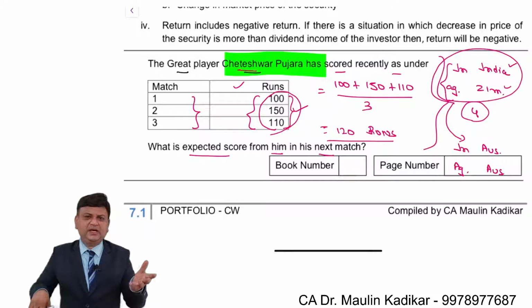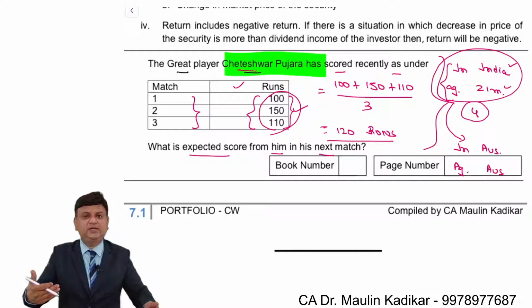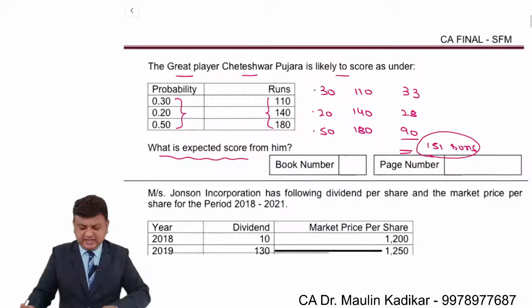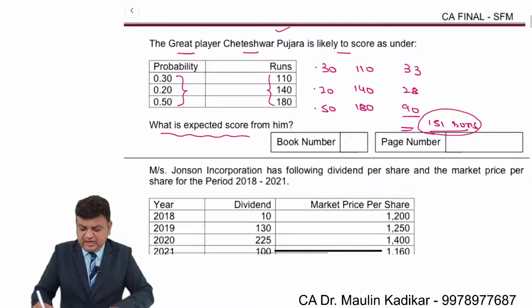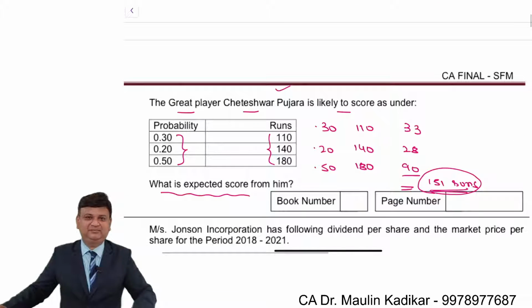Recently you played against a team which is not as competitive as the next team is. Then in that case going like this is reasonably not correct. In that case you should take help of the probability distribution method. In different situations you make a prediction of what will be the score of Cheteshwar Pujara, and based on that you have an expected score. This is the difference that we have in these two data.